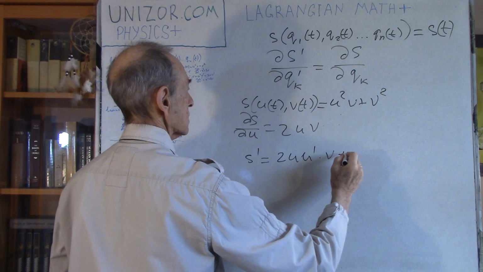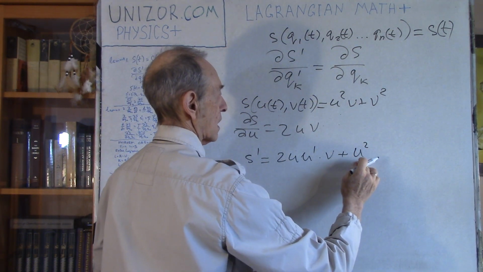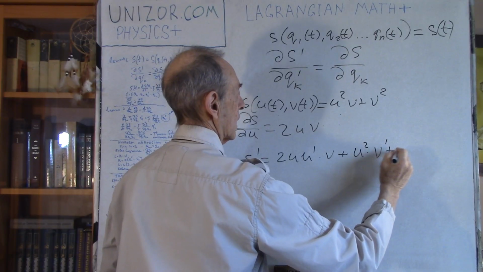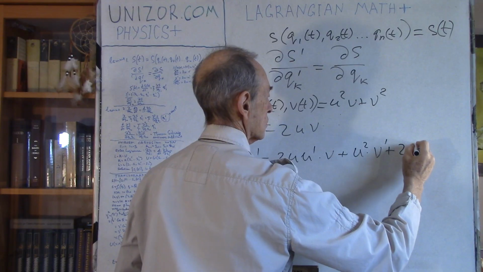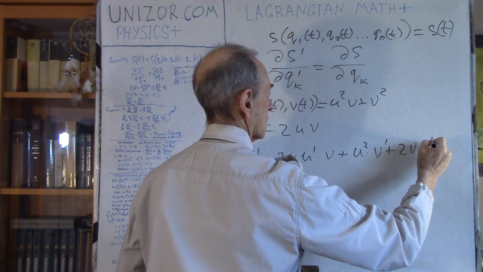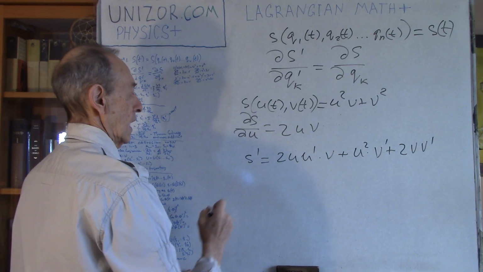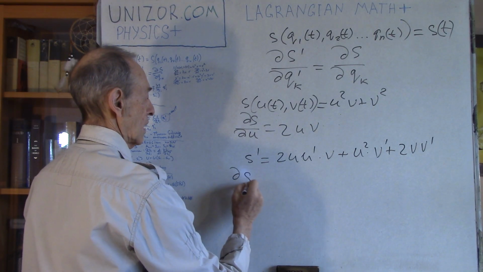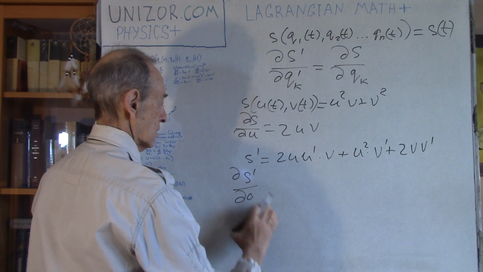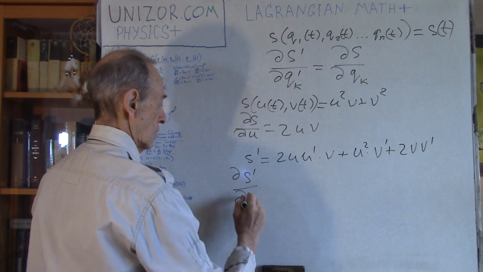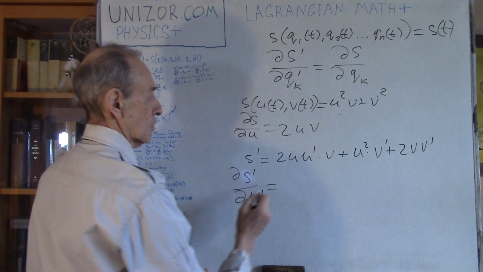Now, derivative by v is u squared, because u squared is a constant times v, plus derivative by time of 2v, it's 2v times v derivative. Am I right? And if you partially differentiate by u prime, so you will have what?